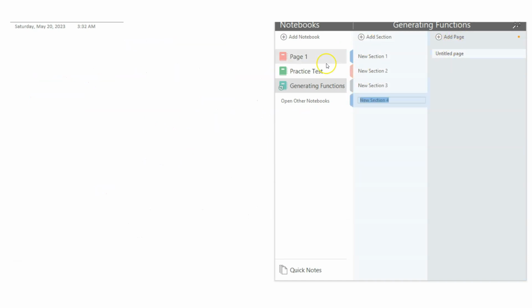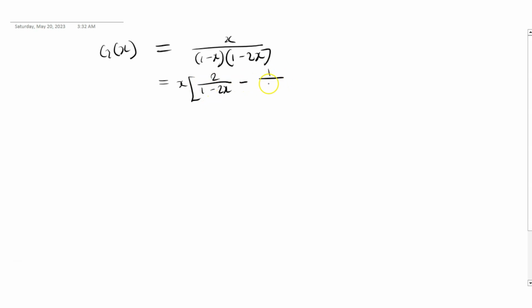Here we see that g of x is equal to x all divided by 1 minus x and 1 minus 2x. Well, I won't give the details, but we can write this as x multiplied by 2 all divided by 1 minus 2x, minus 1 over 1 minus x.